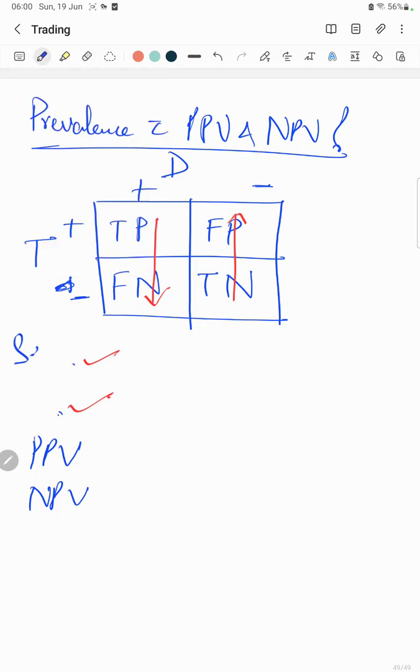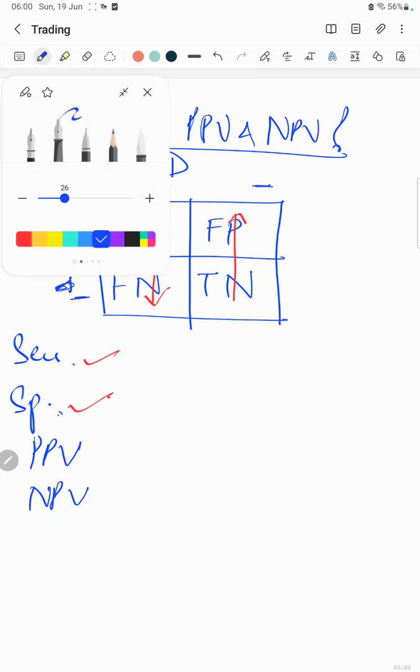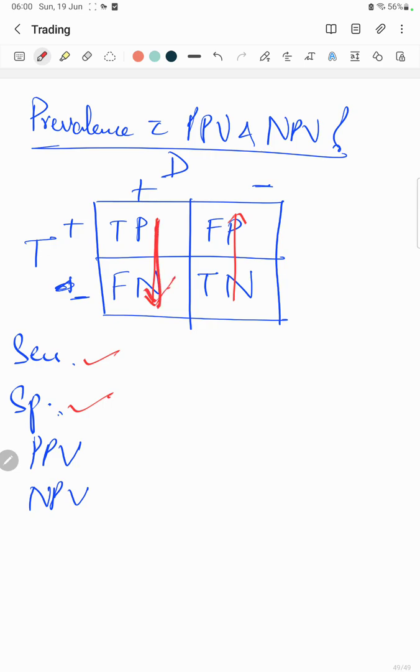This is sensitivity and this is specificity. So let me go again. Here you go for sensitivity, here you go for specificity. This way you go for positive predictive value, this way you go for negative predictive value. Once you have this in mind, life is super smooth.